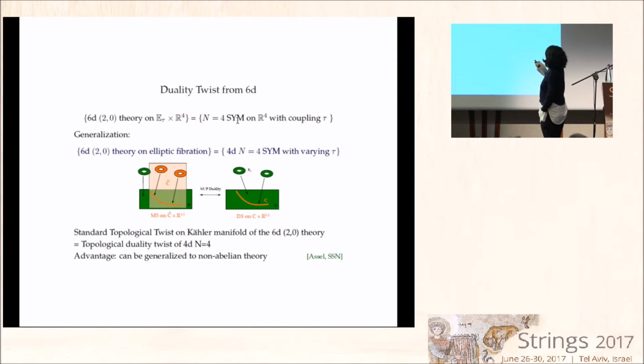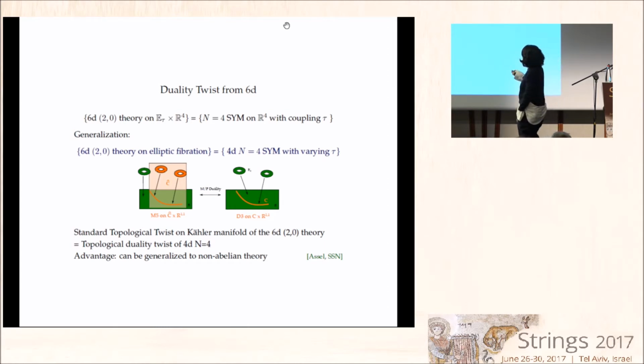So what does this strange new topological duality twist actually do? Let's recap: the 6d (2,0) theory on an elliptic curve times R^4 is just N=4 supergravity on R^4 with a coupling tau, where tau is the complex structure of the elliptic curve. If we now look at the 6d (2,0) theory on an elliptic fibration, so just an elliptic surface, let's call this C hat, then this should correspond exactly to this four-dimensional N=4 theory, where tau now varies over this curve.